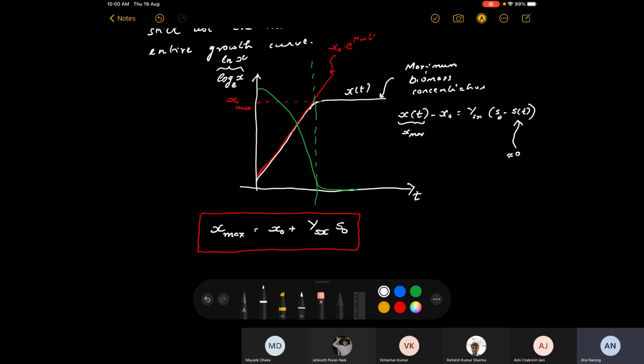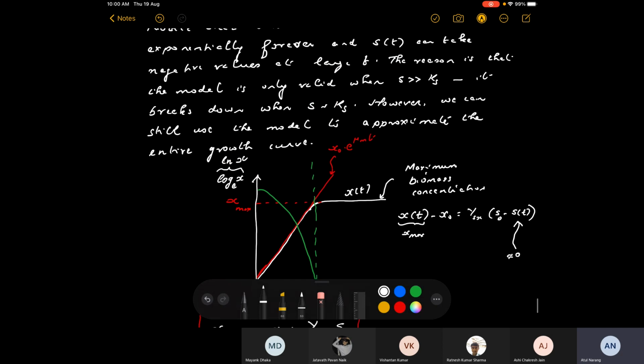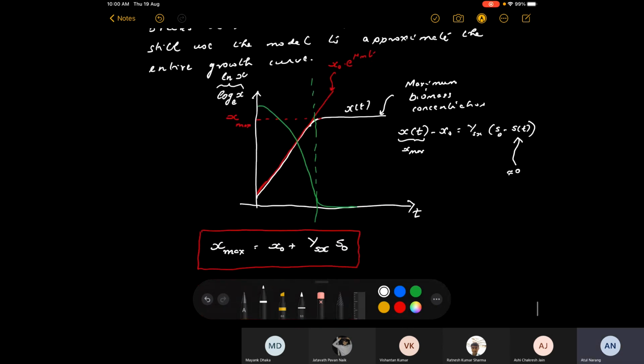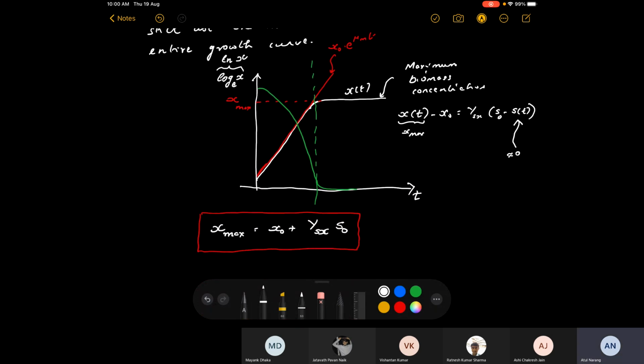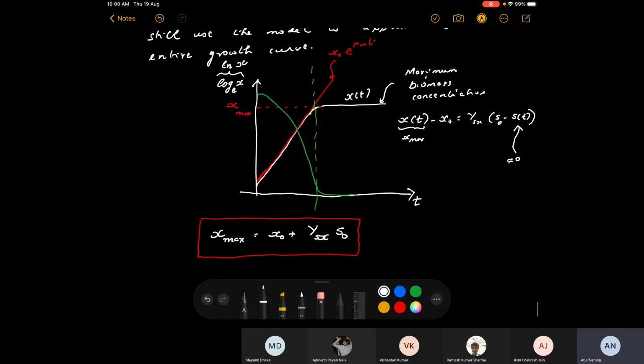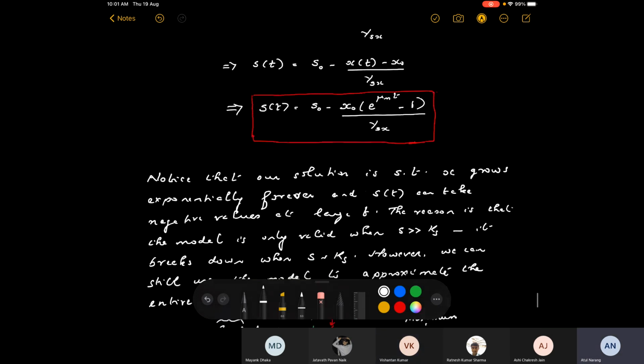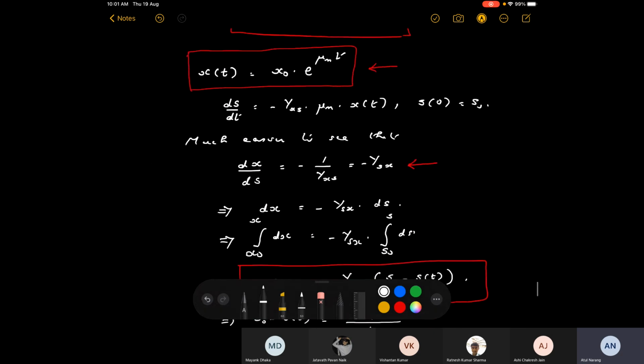It has so many crazy functions in it that intuitively it gives you nothing. And therefore this approximate or Jugadu solution is actually better for us than the exact solution. Is that part clear? Yes, sir. Okay.